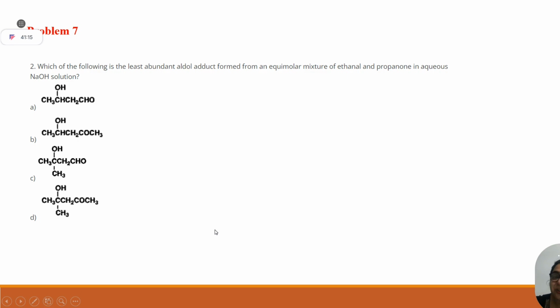Okay. Now the difficulty level will be increasing. Which of the following is the least abundant aldol adduct formed from an equimolar mixture of ethanal, CH3CHO, and propanone in aqueous sodium hydroxide solution?